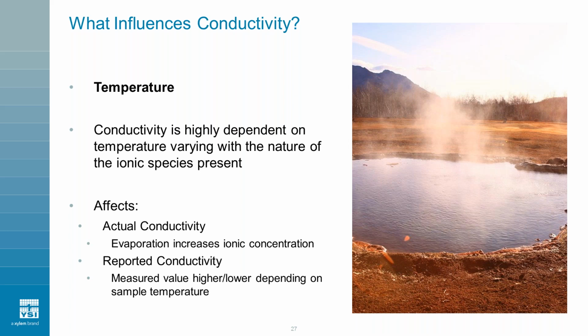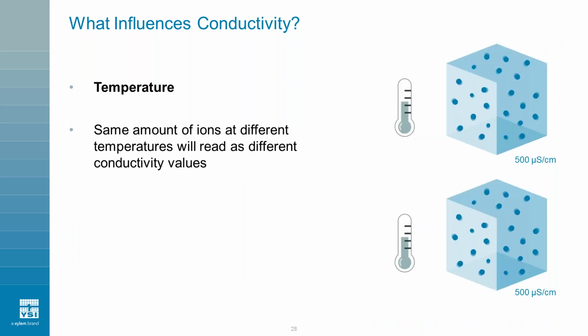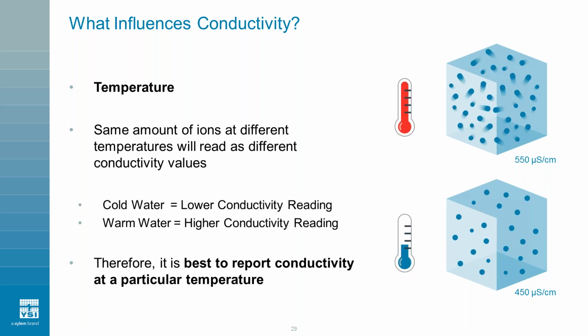Additionally, the temperature of a sample after it has been pulled affects the measured value. For example, let's say we have two of the exact same samples of water at the same temperature. Their conductivity readings are identical. In this case, 500 microsiemens per centimeter. Then we take these samples and we increase the temperature of one and decrease the temperature of the other.